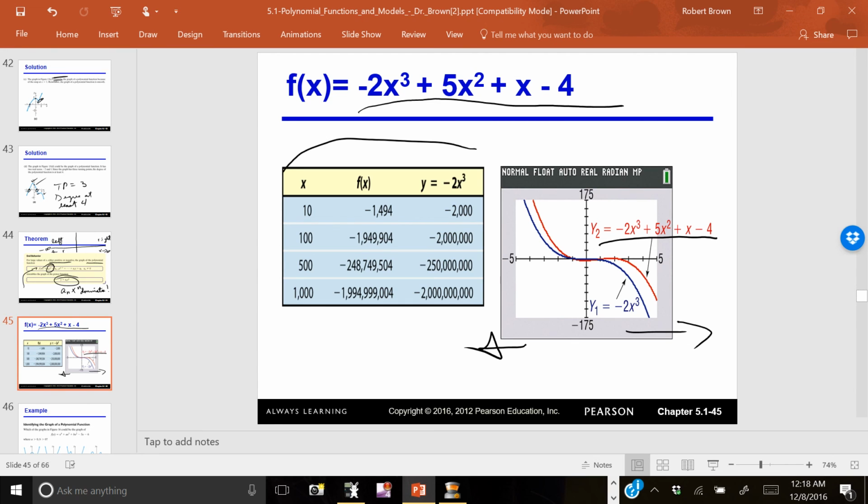And here is a table of f of x and minus 2x cubed for various values of x. If you plug in x equal 10, one is minus 2,000, the other is minus 1494, not very close. But if you plug in x equal 1,000, you get minus 2 billion, and then minus 1.994 billion, which are pretty darn close.